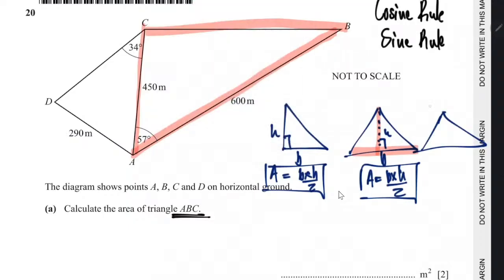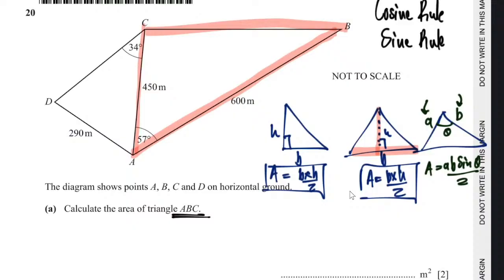Then the last one is for non-right angle triangles, and this will be theta, this will be A, this will be B. You'll be saying area will be, you take this side, you multiply this side, so it'll be A times B, then you multiply by sine theta, then you divide everything by 2.